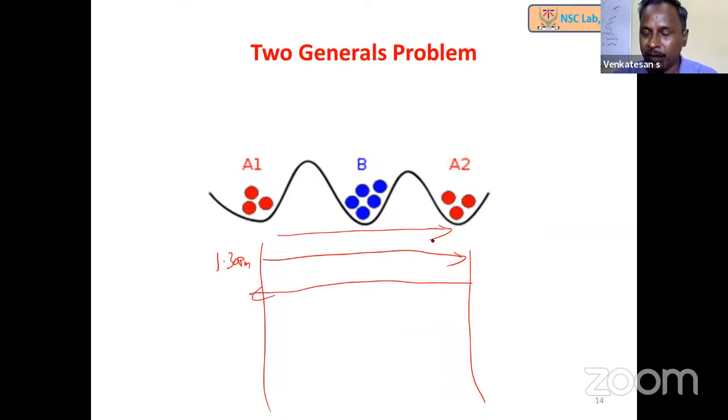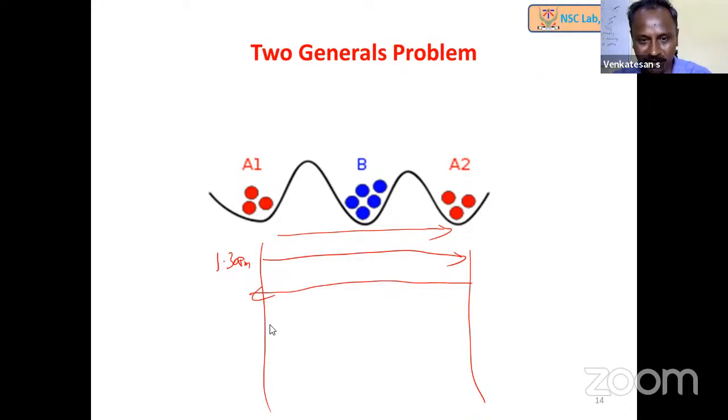Now, in this situation, can A2 go for the attack? A2 cannot go because A2 is not sure whether A1 received the acknowledgement or not.